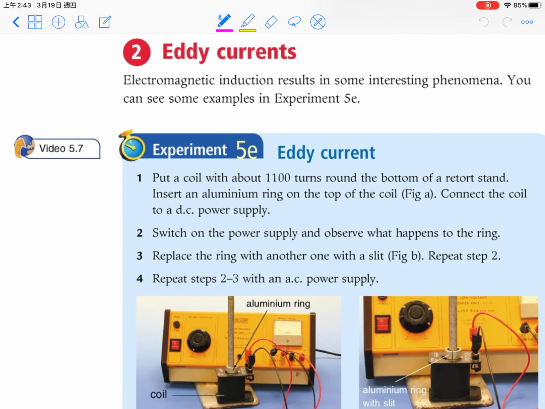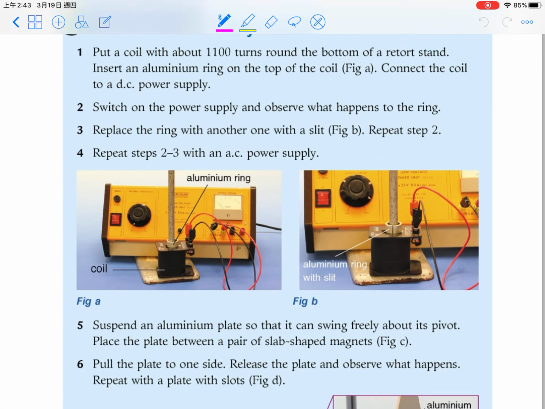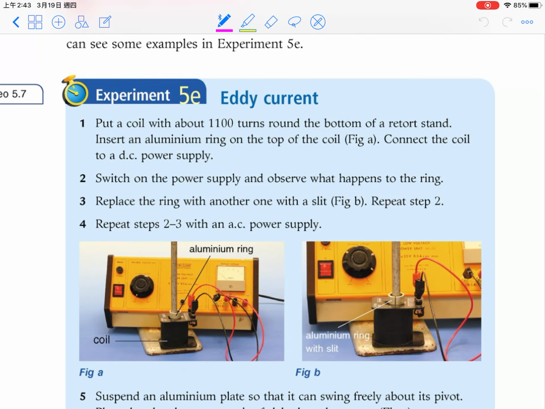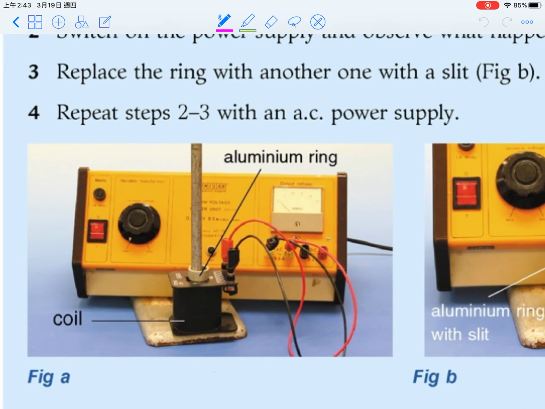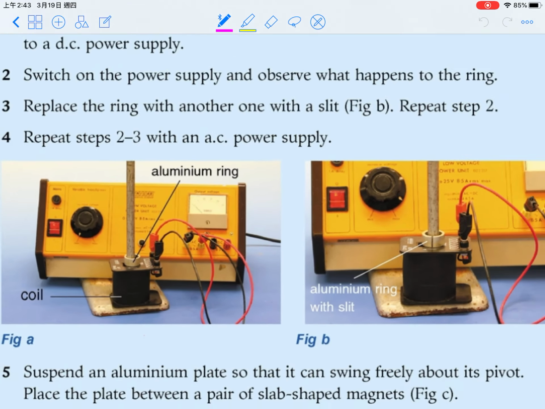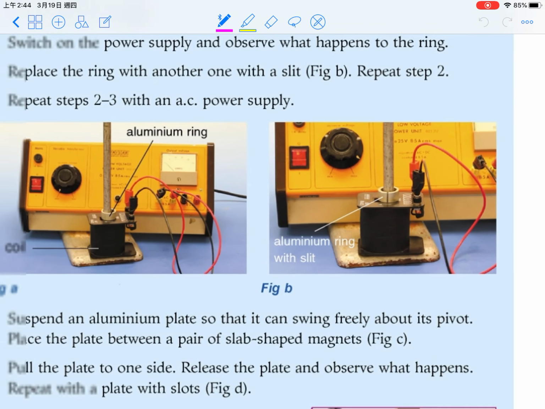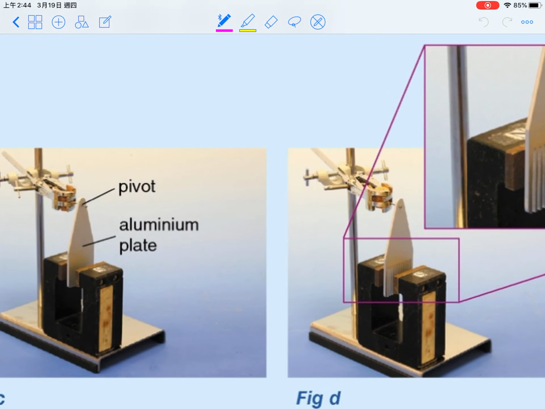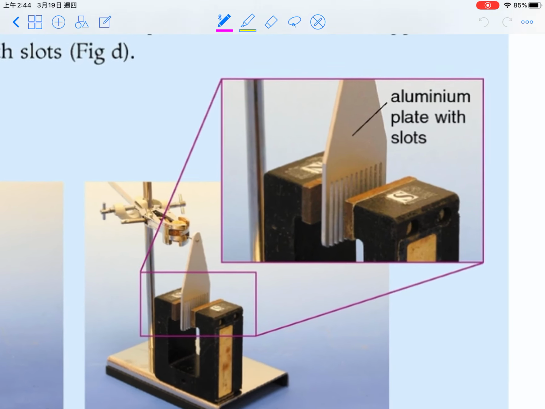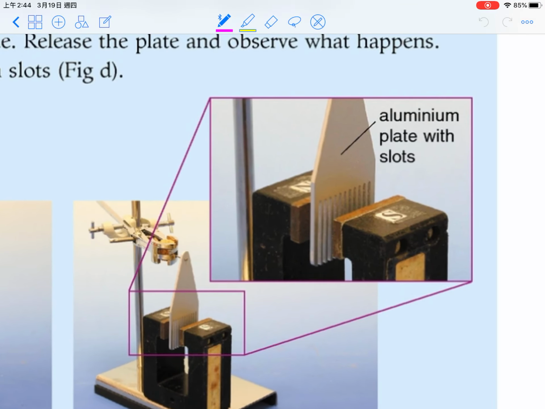We go to point 2, eddy currents. Eddy current experiment 5E has 2 parts. One is to use an aluminum ring, and we will use an aluminum ring with a slit. Second is we will use an aluminum plate, and also an aluminum plate with slots.